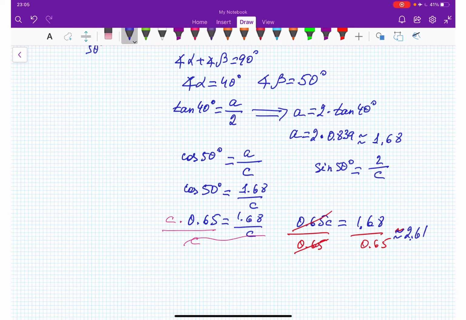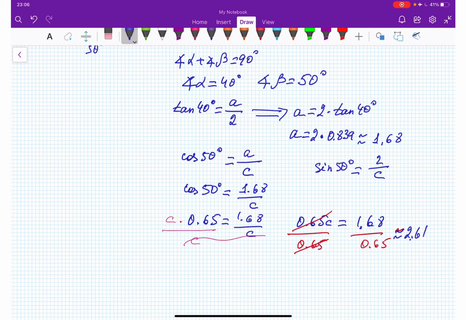Unless you don't round it and keep at least 4 digits, then you would get exactly 2.61. Round it at the end.